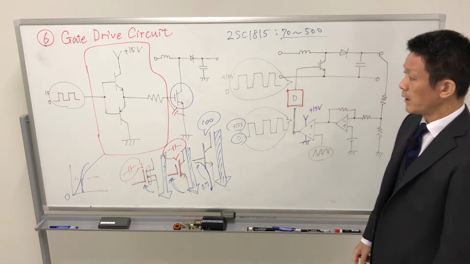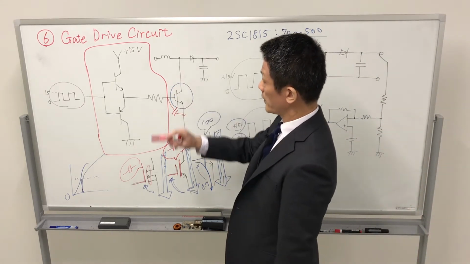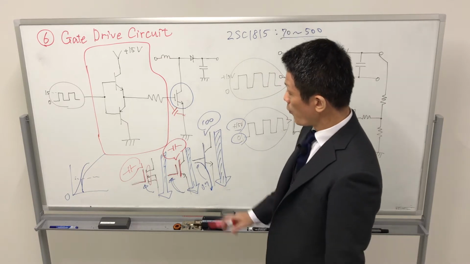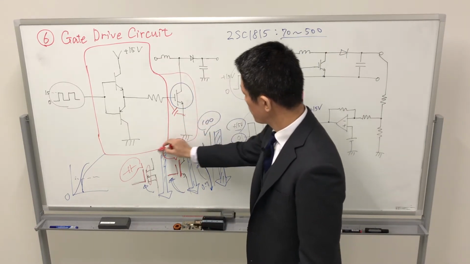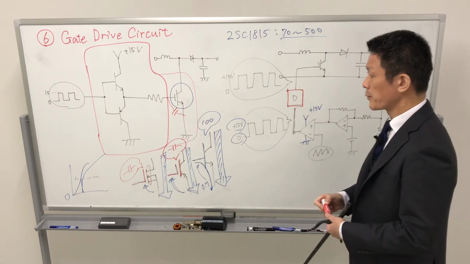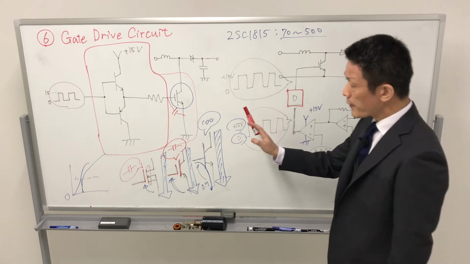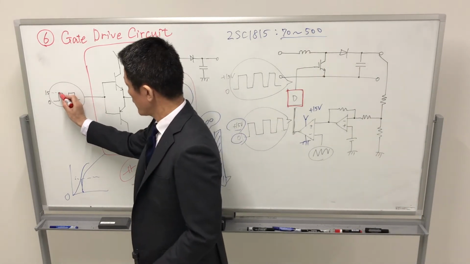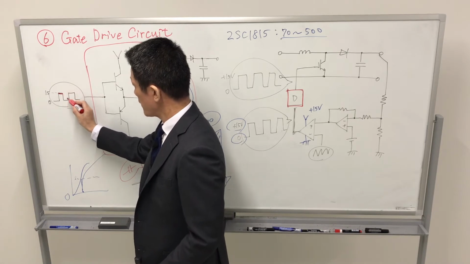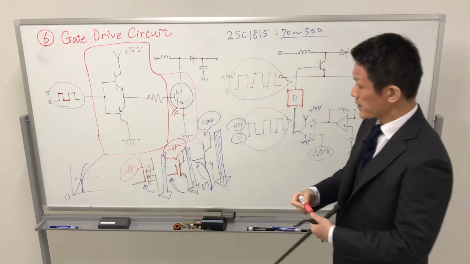Okay. So let's consider this gate drive circuit. We must look at it including the power semiconductors. Let's consider each voltage mode in the turn on term and the turn off term.